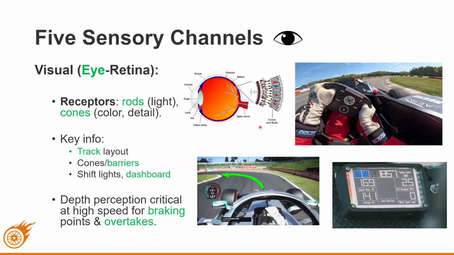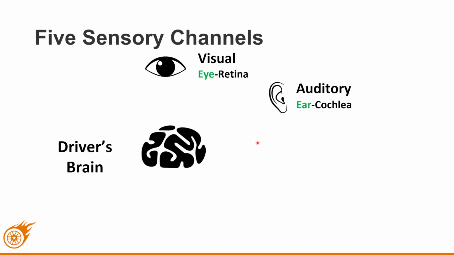So the main key info that you're getting here is things like track layout, cones, barriers, shift lights if you have any, and also depth perception, which is essentially the ability to perceive and judge the distance between objects. So that helps when a driver is going into a corner and they can judge how much they need to brake and turn before going into the corner. So that's the key info that you're getting from this sensory channel.